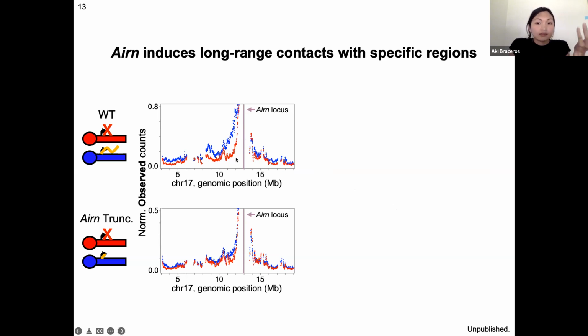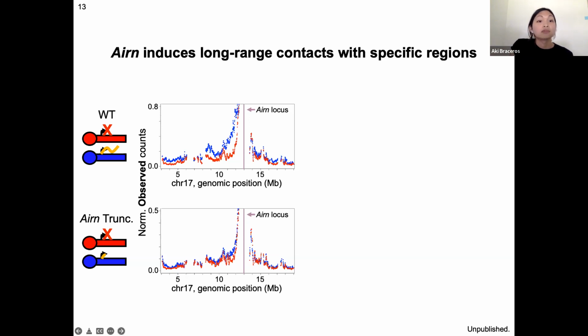But in spite of this, we can still pick out regions that contact Airn more than others. And just like we saw in the heat maps, a lot of these long-range contacts are enhanced on the Airn-expressing allele. But still, we would like to determine the extent to which these contacts occur above what's expected based on their linear proximity.